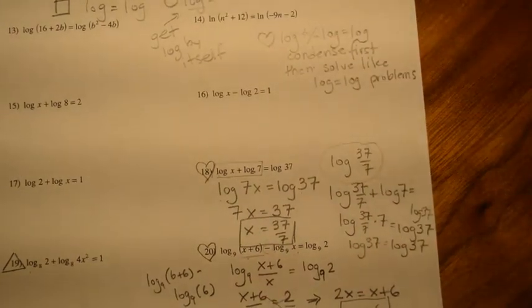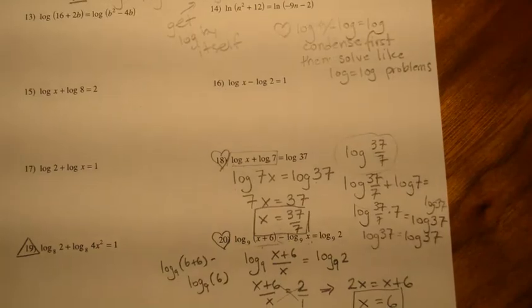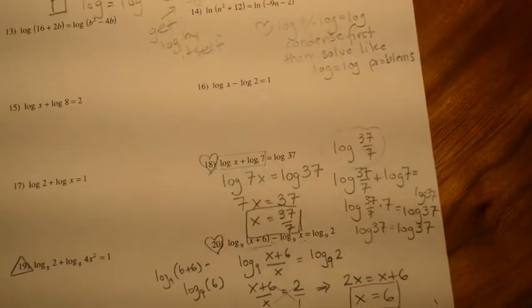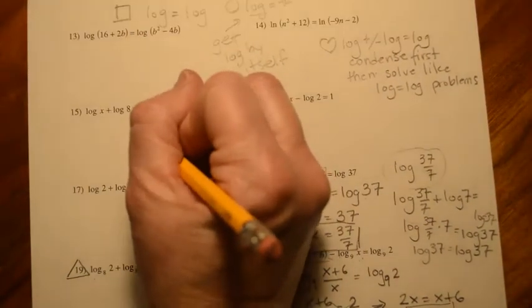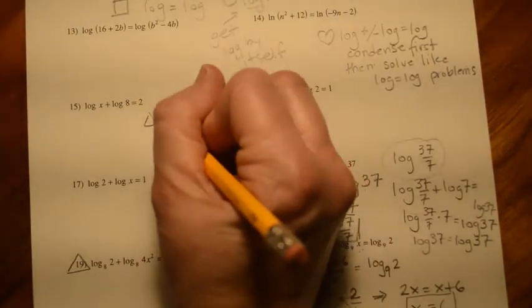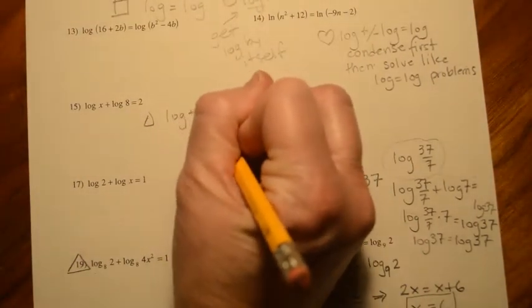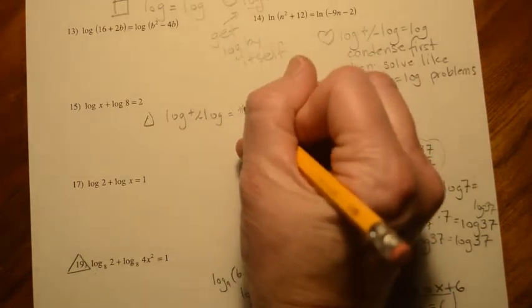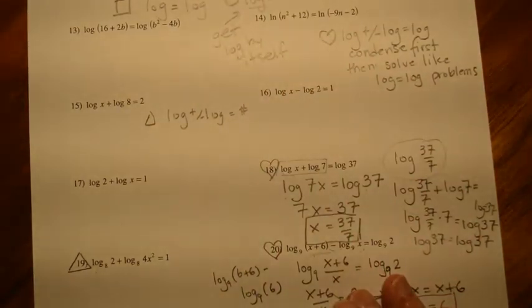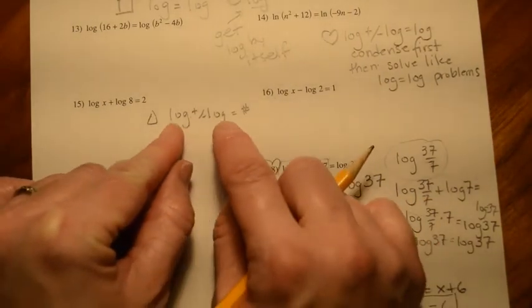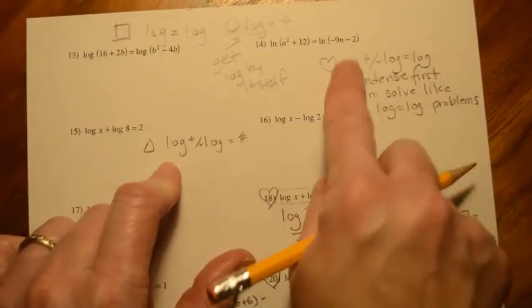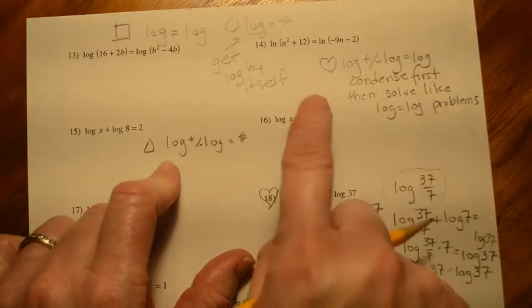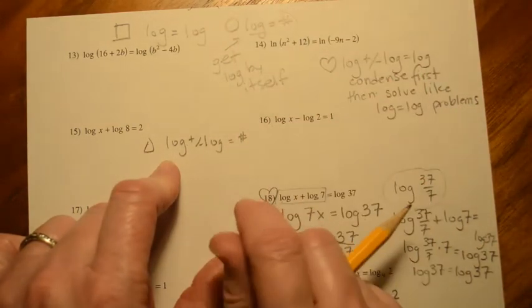All right, so that's the third type, and the fourth and final type that we're going to look at is where we have the triangles, and that's log plus or minus a log equals a number. So hopefully you can see that we're going to use some of the strategies that we learned in this type, and then some of the strategies that we learned in this type.